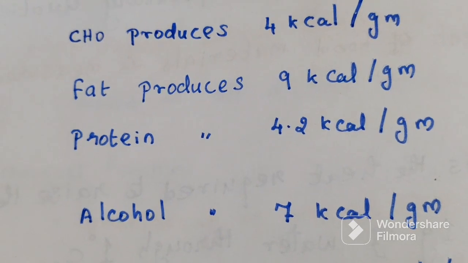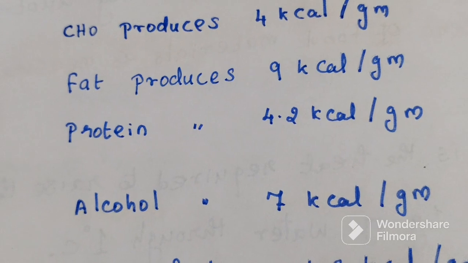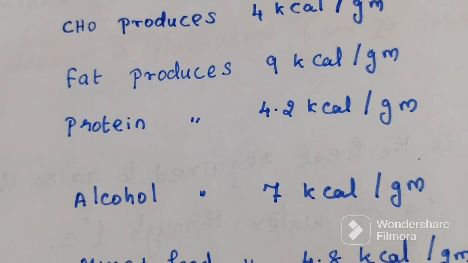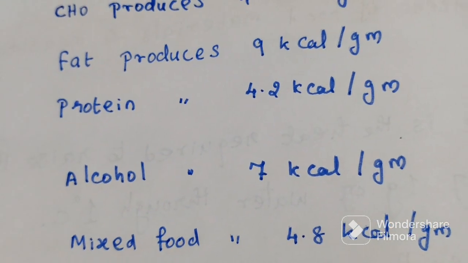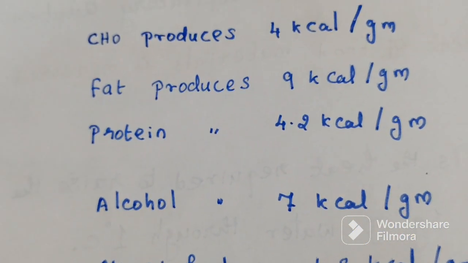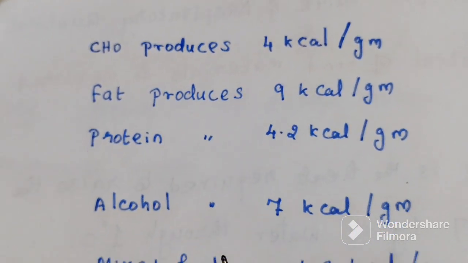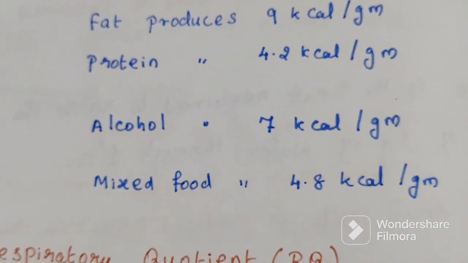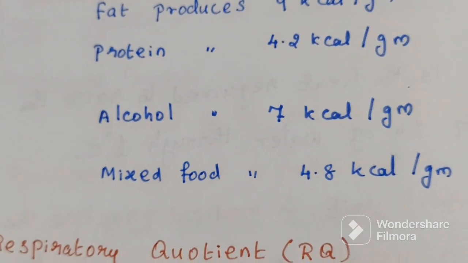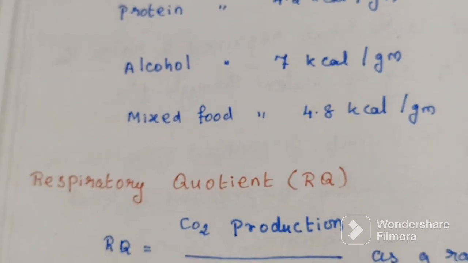Fat produces 9 kilocalories per gram. Protein produces 4.2 kilocalories per gram. Alcohol produces 7 kilocalories per gram. So the highest energy is generated by fat. Mixed food, breakfast, lunch, dinner, produces 4.8 kilocalories per gram.